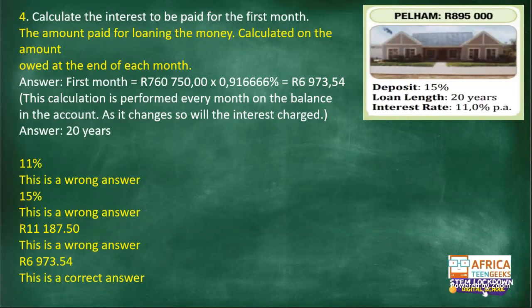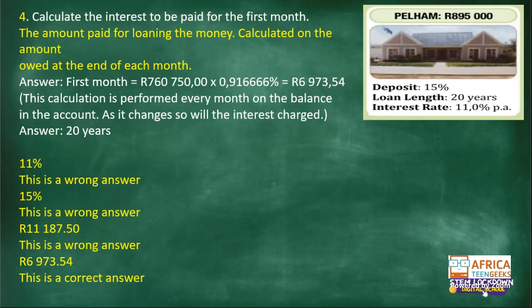So this is the amount that you'll pay in the first month, remember, because in the first month you are charging interest on the whole amount. All right, so the interest that you'll pay will be on the very first month, and this is how we've calculated the interest.